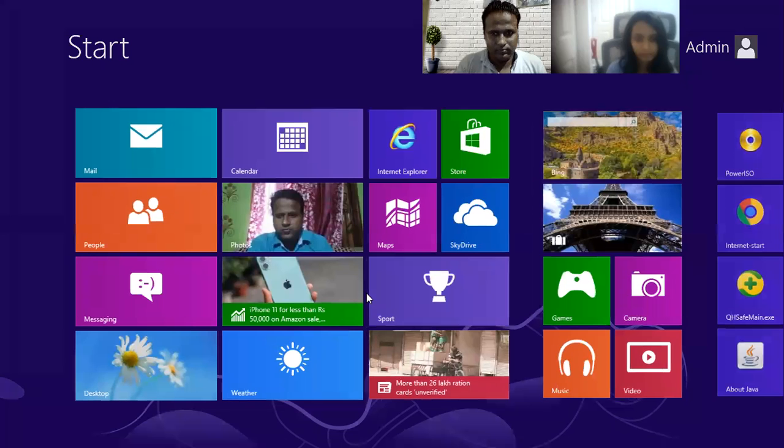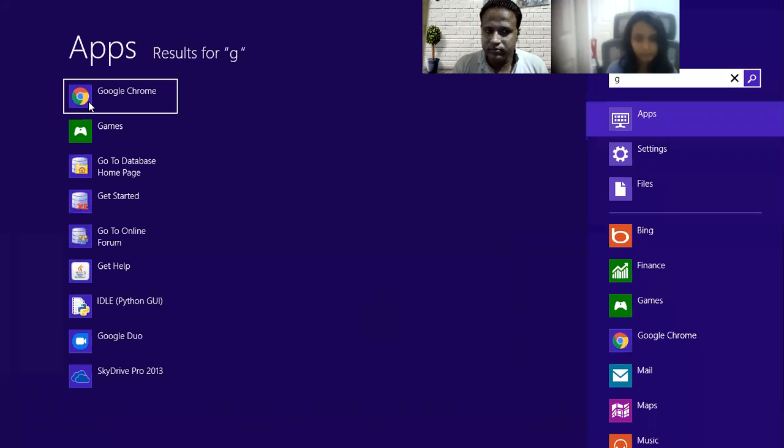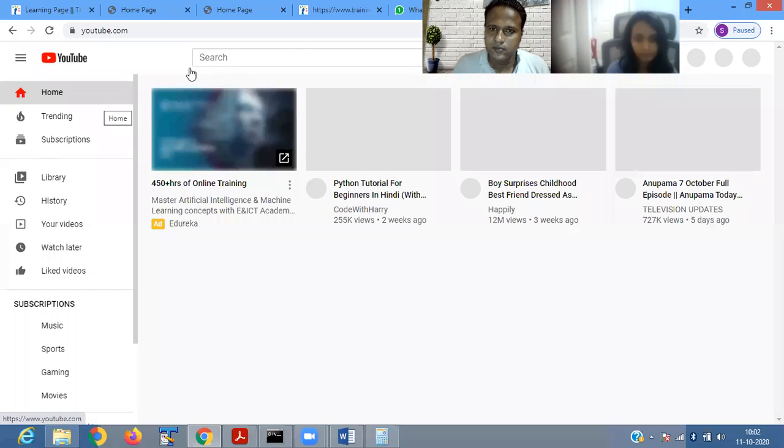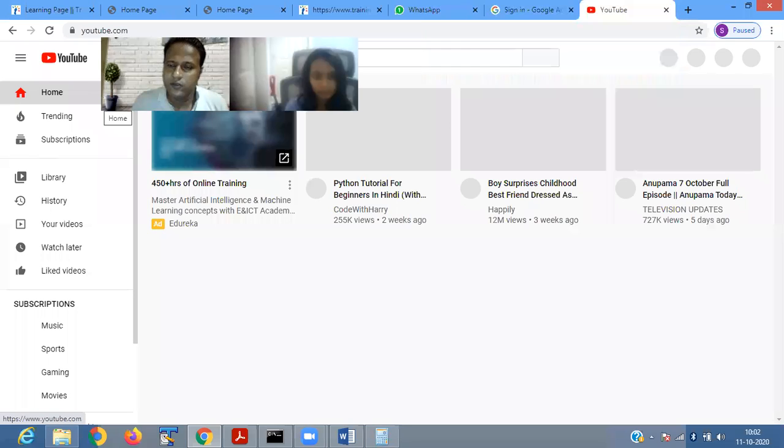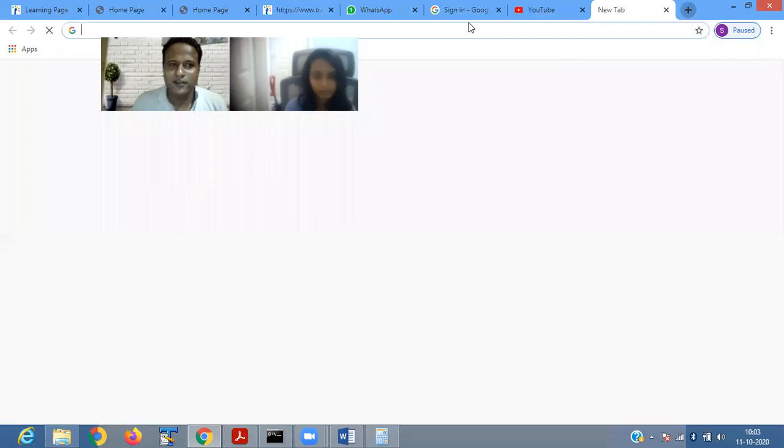So we give information from the mouse and the keyboard, and then it gets processed through the CPU. And it displays the output on a monitor. Oh, okay. Clear? Yeah. Okay.